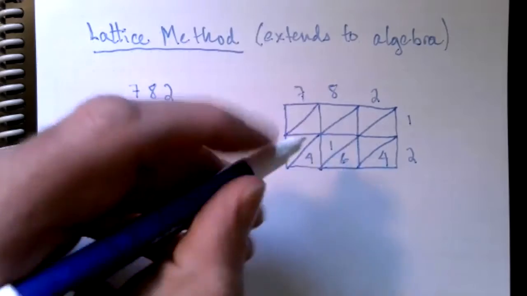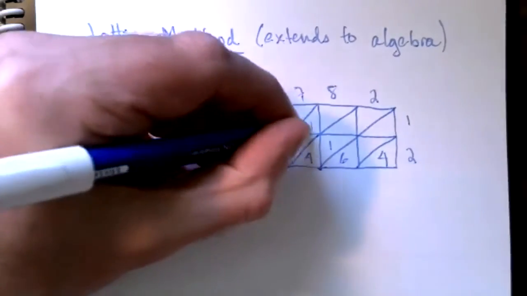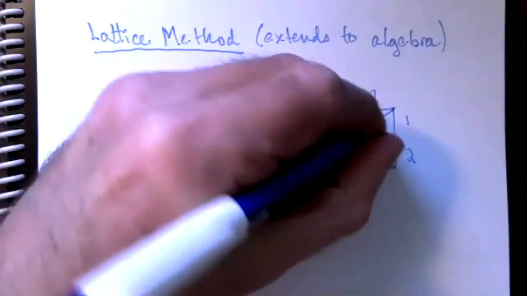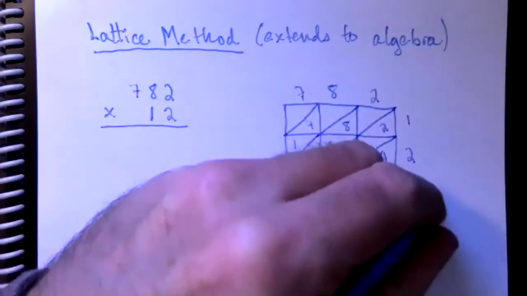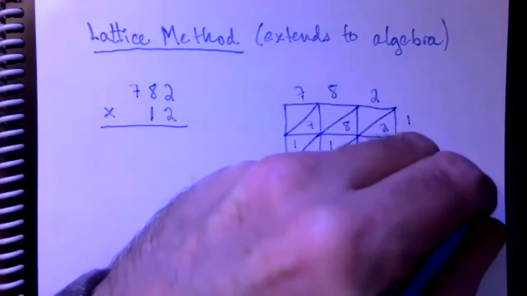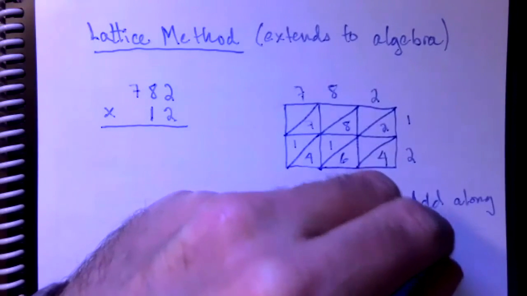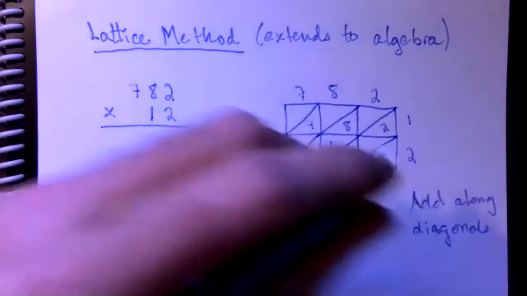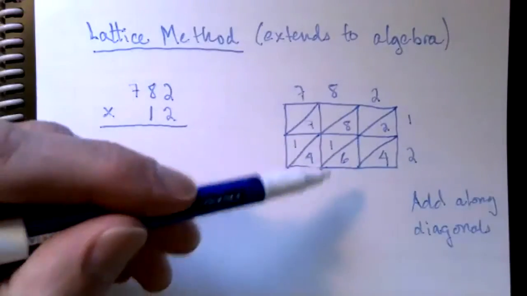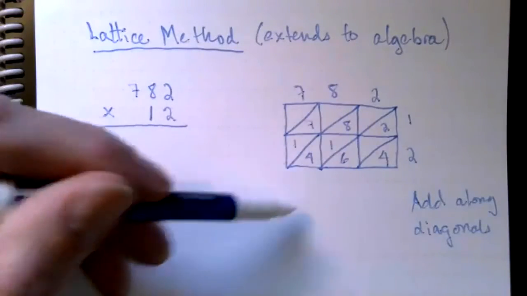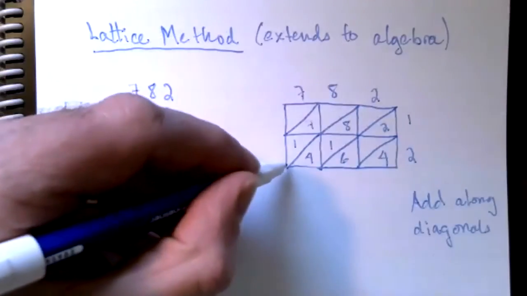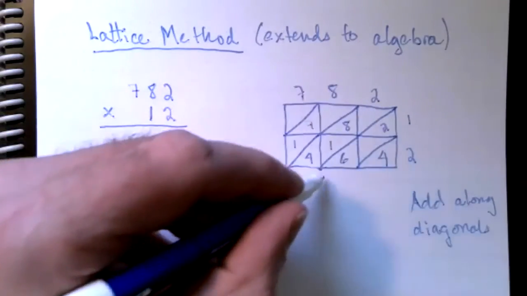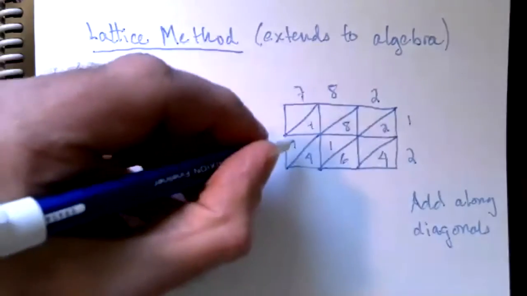Now we're going to fill out this row, and that's just going to be 7, 8, 2. Now, what we're going to do to finish off this multiplication problem is add along these diagonals. You notice how when we cut this in half, we created several diagonal strips.